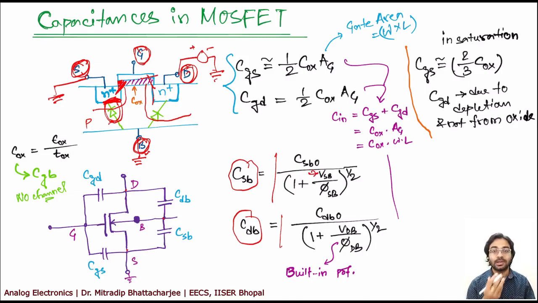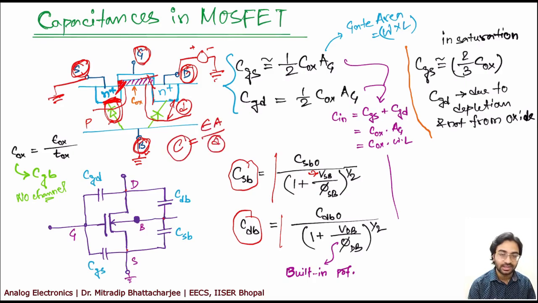So higher the reverse bias voltage, lower will be the capacitance. Why? Because if you increase the reverse bias, your depletion layer will increase. That means D will increase, and your C is epsilon A by D. If D increases, C decreases. Right? So it's so simple. If you increase the reverse bias, your capacitance will decrease.